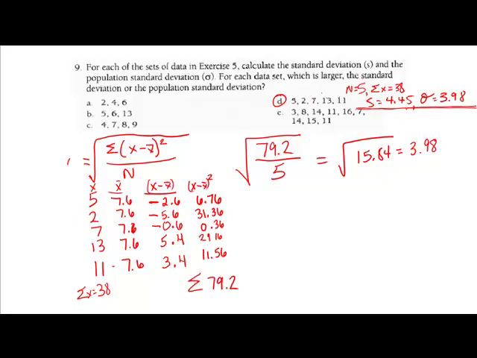The reason for that is when we're using a sample, we want to be a little bit more tolerant. We want to have more variance than there might actually be in the population. So that's why we do the minus 1. Okay. That's question 9.